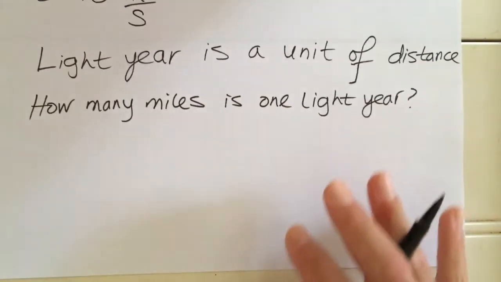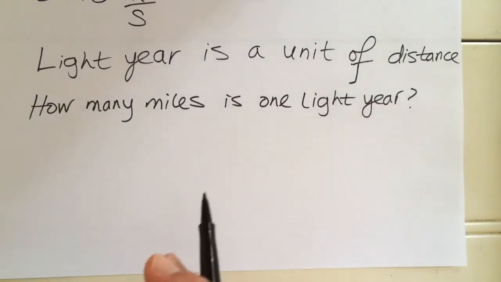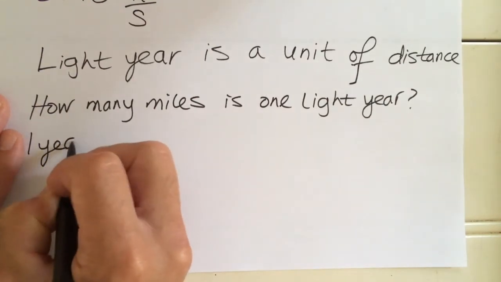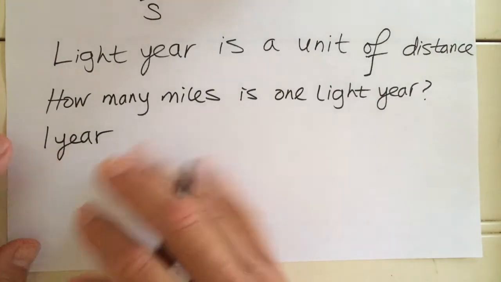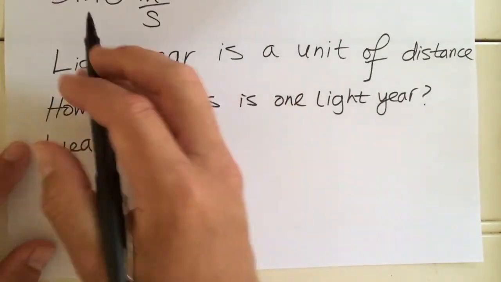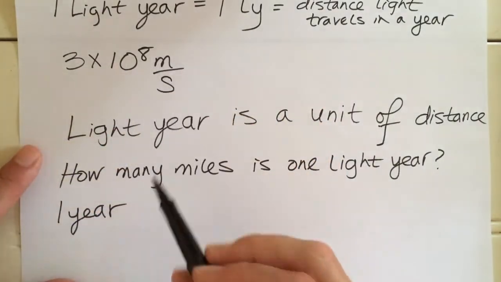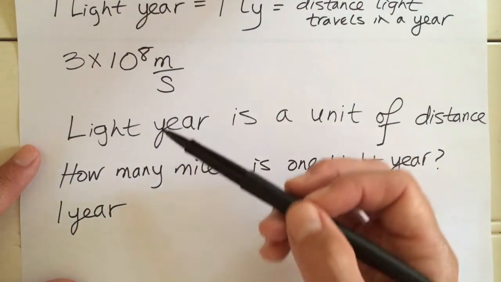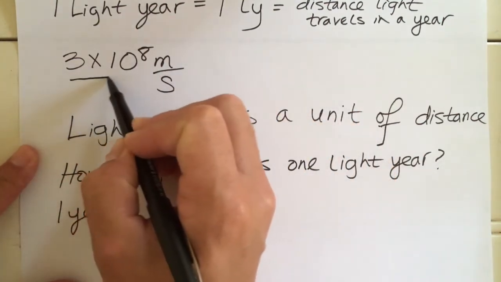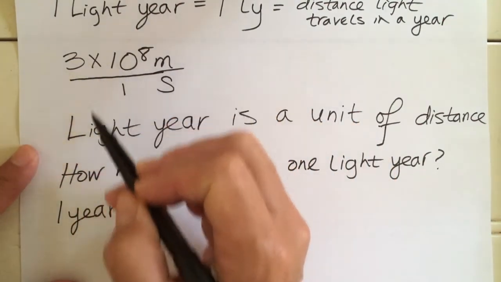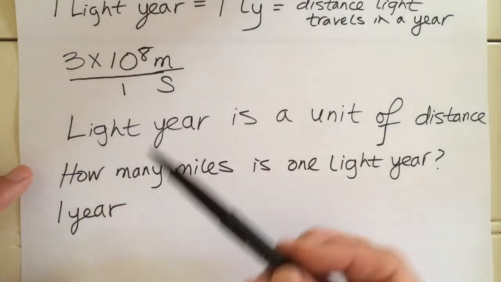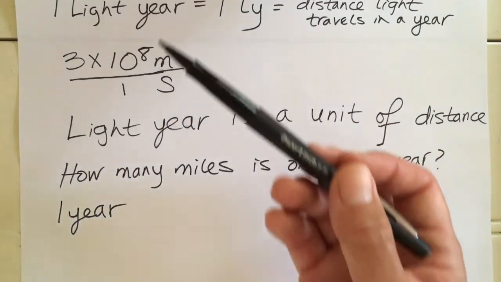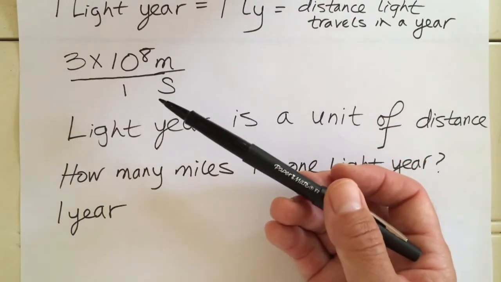There's a couple ways to do this, but I think the easiest way is to start by writing 1 year and work with that. We're going to use the speed of light as a conversion factor. If we know 1 year has passed, well, we know in 1 second that light travels this far. But if we can change the bottom to years, then we'd know how far it travels in meters in 1 year.